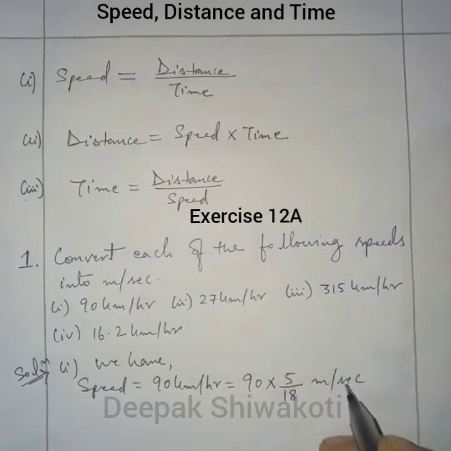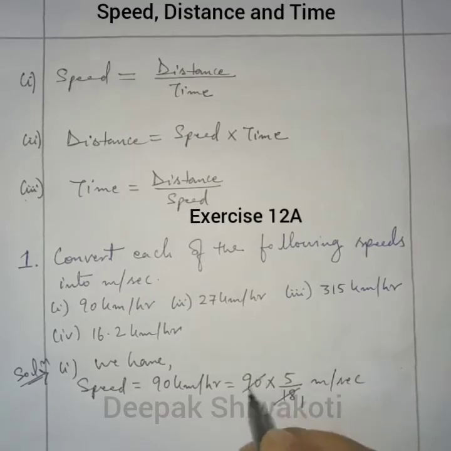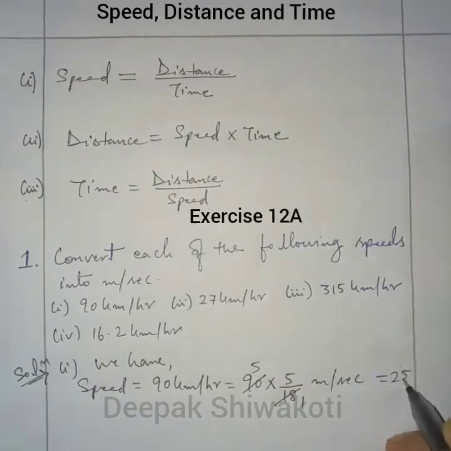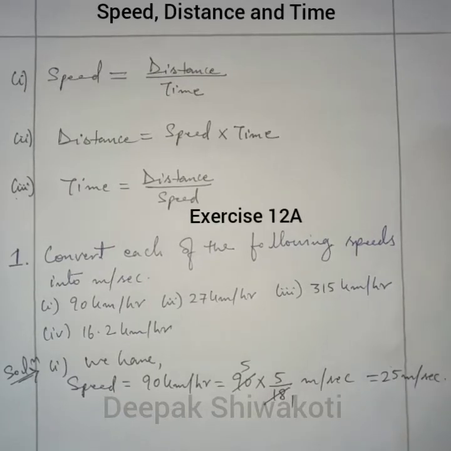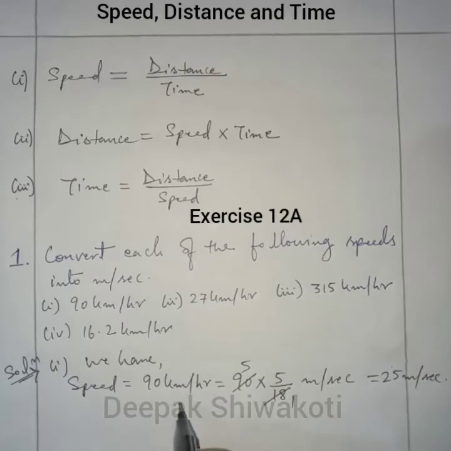Here 18 1 ja 18, 5 ja 5, 5 5 ja 25, so 25 meter per second. So this is how we have converted kilometer per hour to meter per second, by multiplying by this fraction 5 by 18.